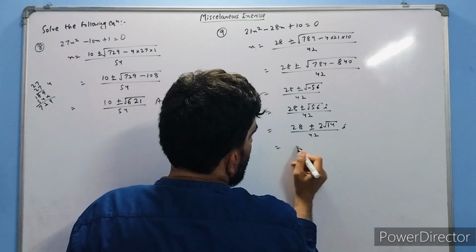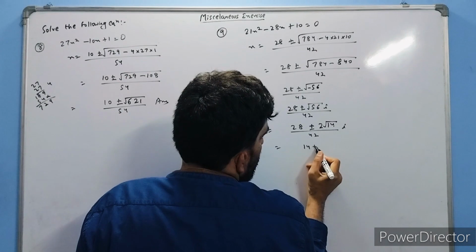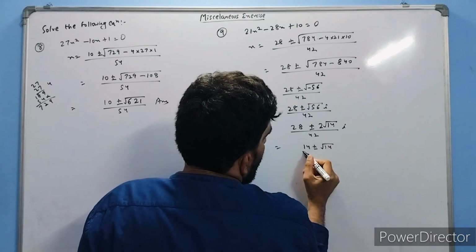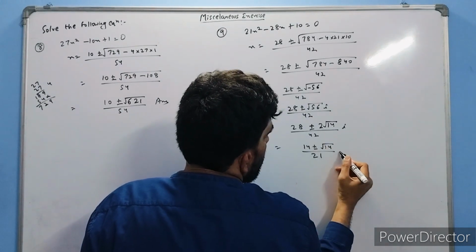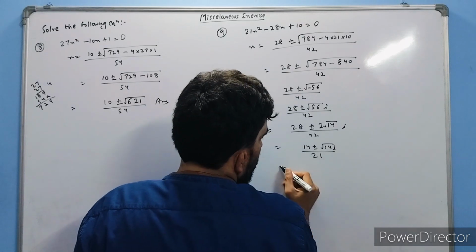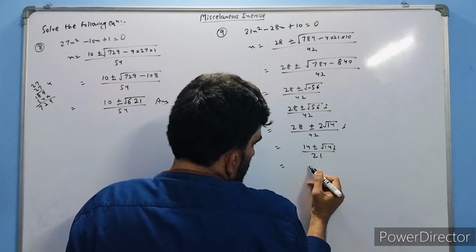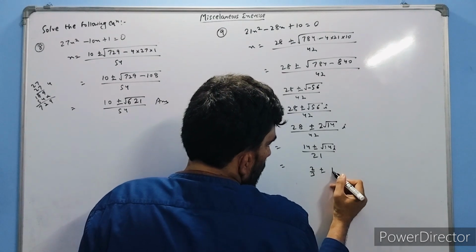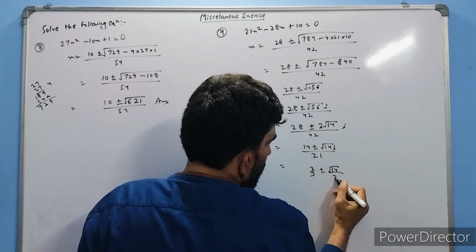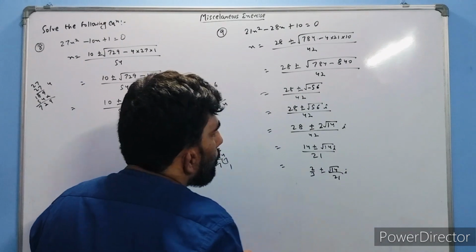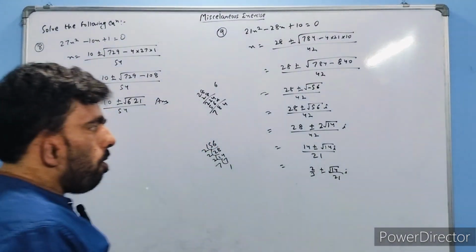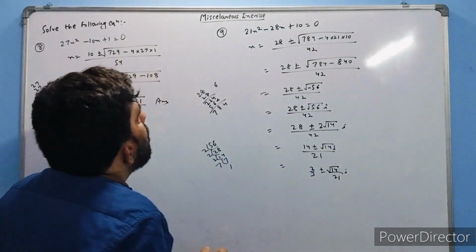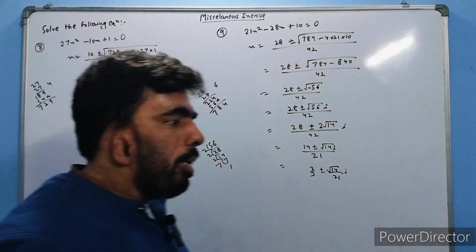So I can reduce by 2, we have 14 plus minus root 14 upon 21 i. So 14 upon 21 is 2 upon 3 plus minus root 14 upon 21 i. Okay, so that is how we try to solve the following equation.